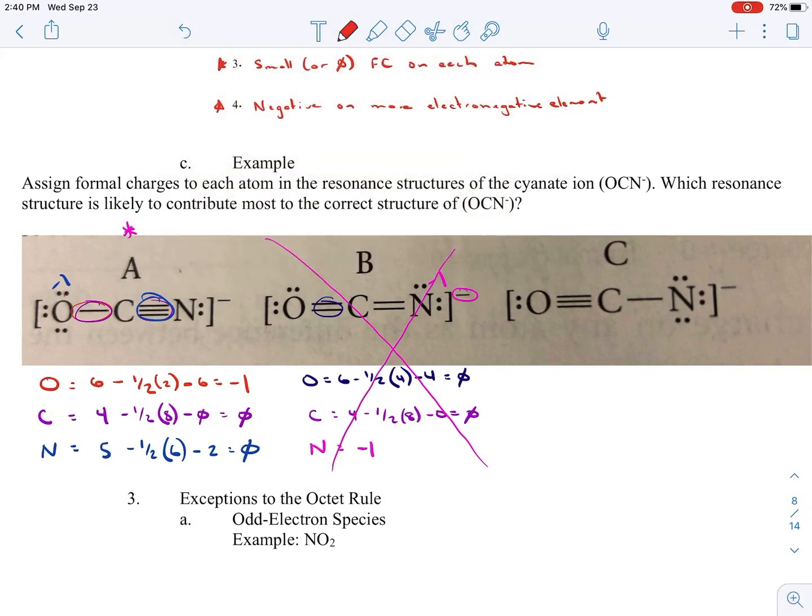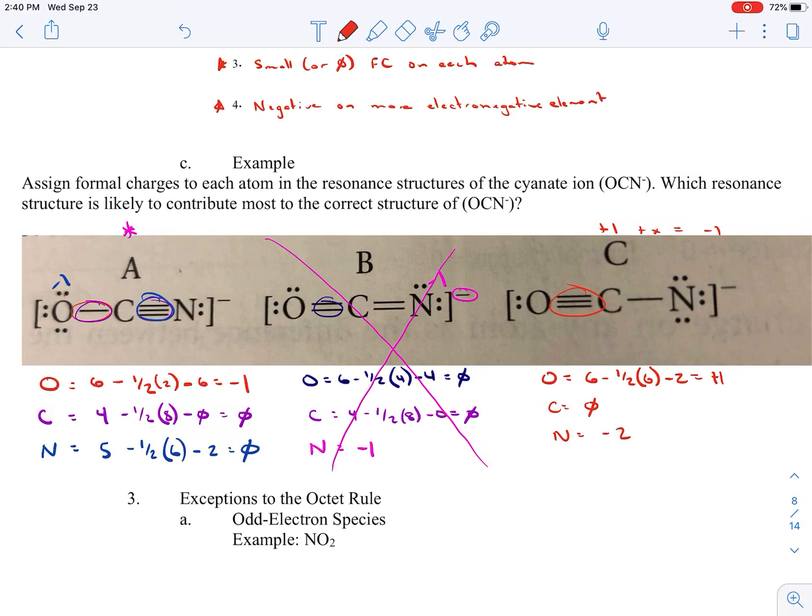Okay, let's do our last structure and see what we got. Hopefully we can fly through this. We've got oxygen: 6 minus 1/2 of, this time, 6 bonding electrons, minus 2 lone electrons. So 6 minus 5 is a +1. Carbon, guess what? It hasn't changed. It's still 0. So for my N, we've got 1 plus X has to equal -1, so X, or N, has to be -2.